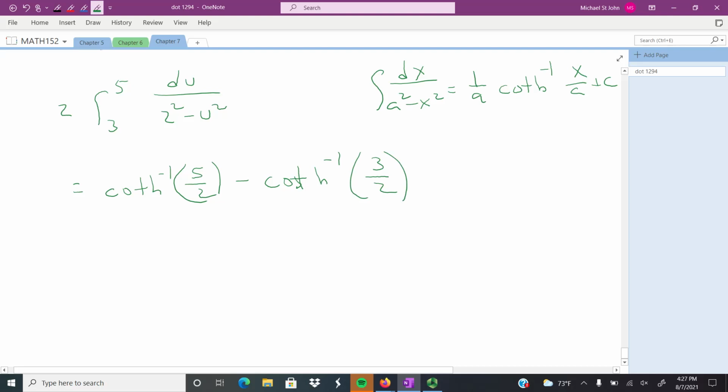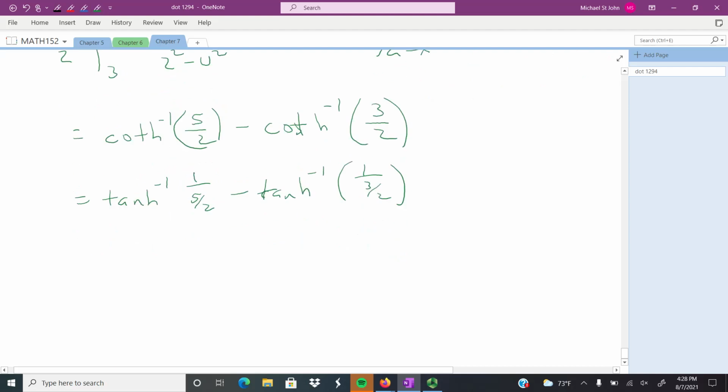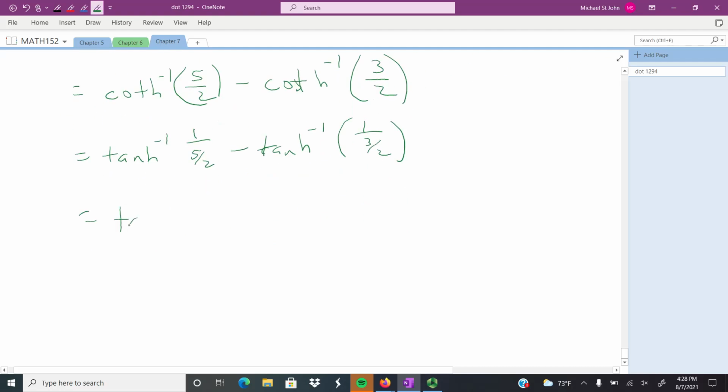And then again, based on those things we saw in the previous pages, I can rewrite this in terms of the tangent function. So this will be hyperbolic inverse tangent of 2/5 minus inverse hyperbolic tangent of 2/3.